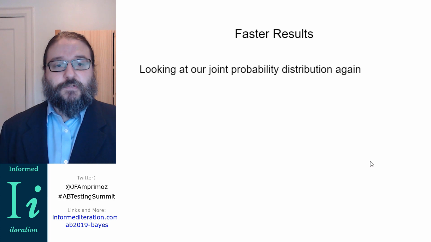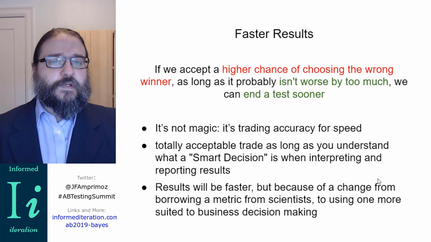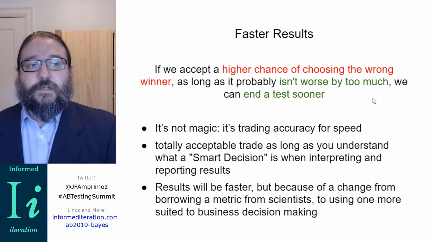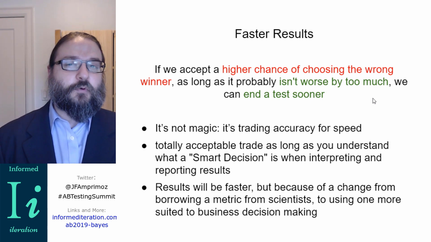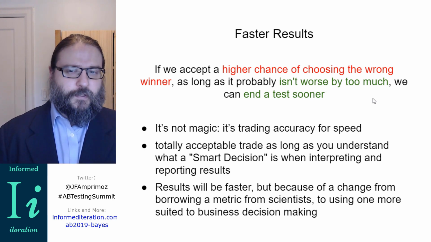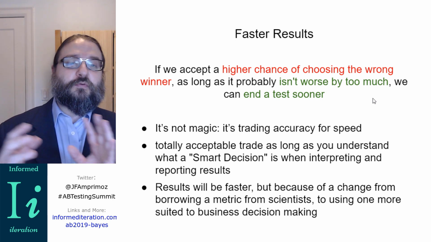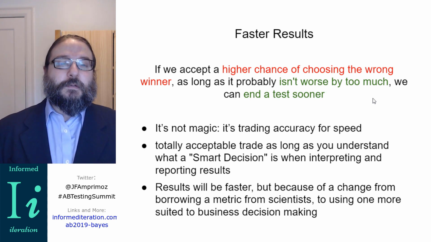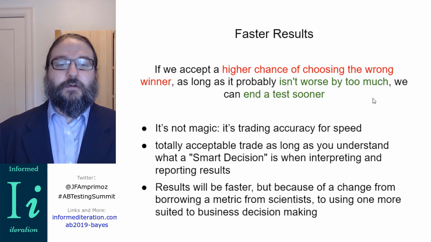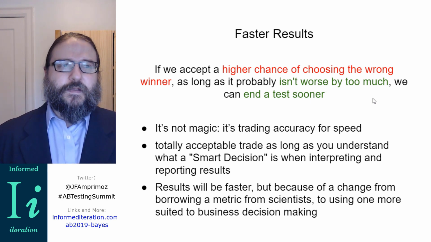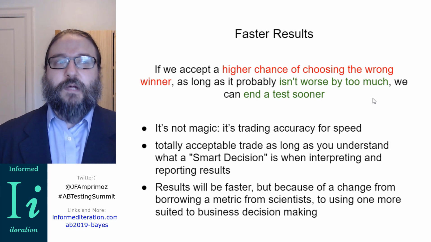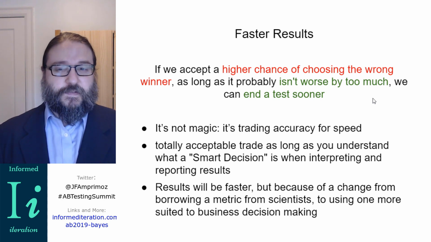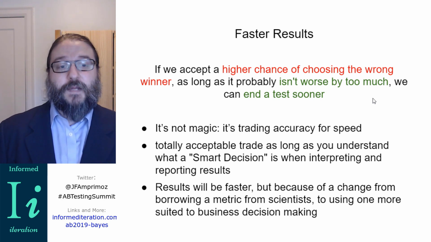We'll jump back to the slideshow. And if we accept a higher chance of choosing the wrong winner, because essentially we're saying, instead of waiting for more of my probability surface to move to the variant side by gathering more data, I'm okay with that chunk that's over there on the other side, as long as the cost to my conversion rate is not that high.